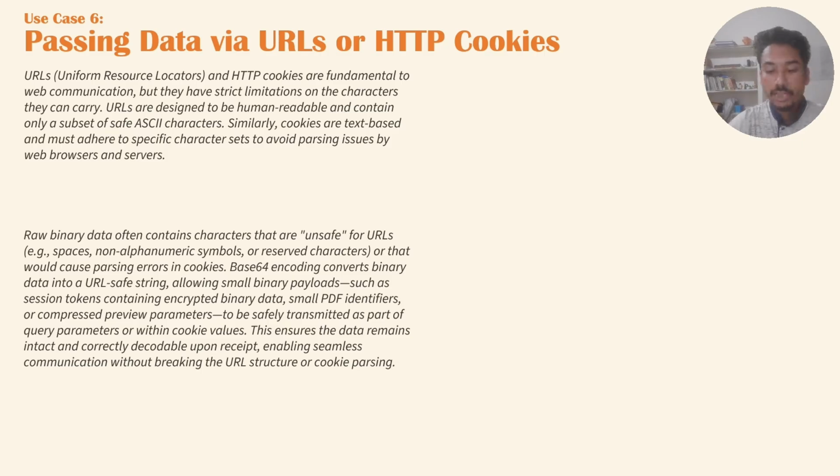It turns binary data into a clean, safe string that fits nicely into a URL or cookie without causing any issues. So whether you are sending a small PDF identifier, a compressed preview, or a secure token, Base64 makes sure it gets there intact and can be decoded properly on the other side. It is a simple fix that keeps your web communication smooth and error-free.